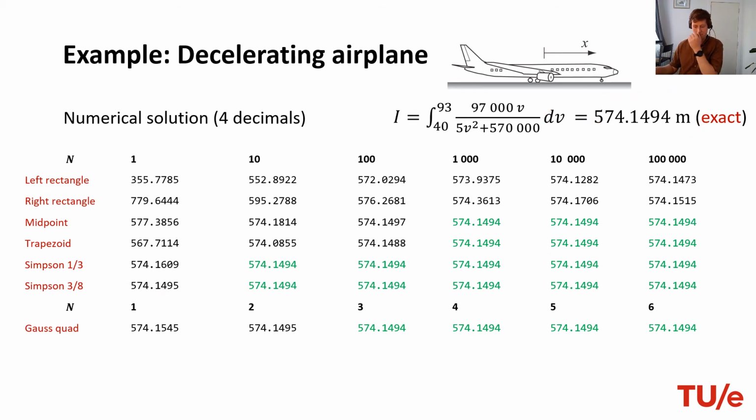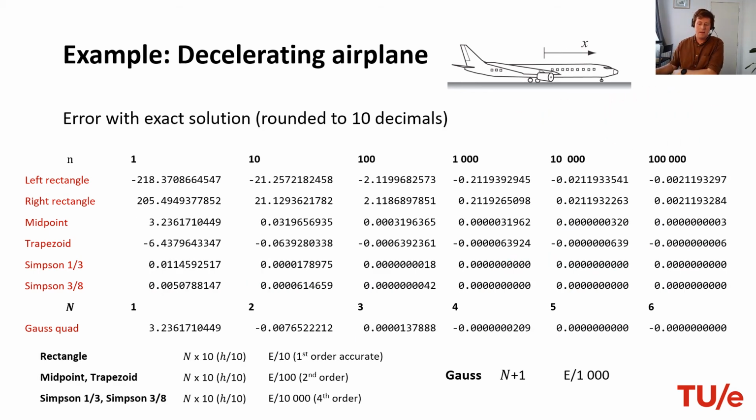So this is the error that we get with numerical integration versus the exact solution, which is rounded to 10 decimals. I could go even further, but let's say that after 10 decimals, we say that the error is negligible.